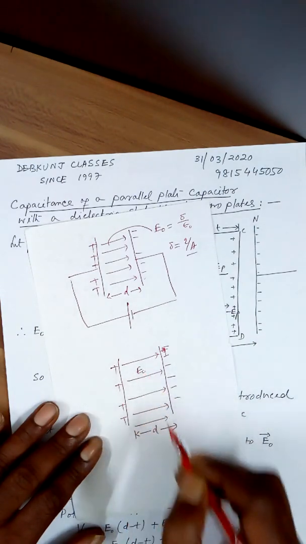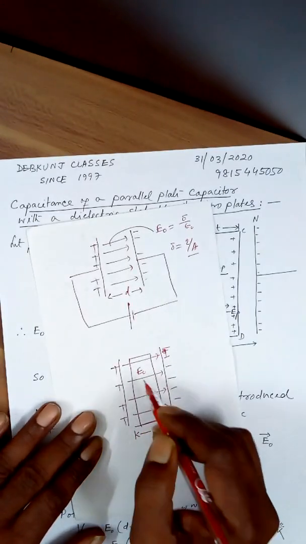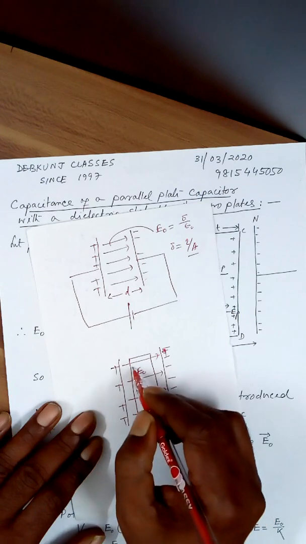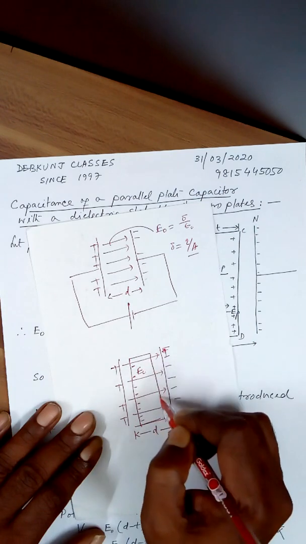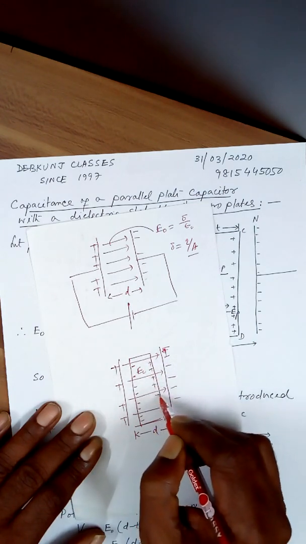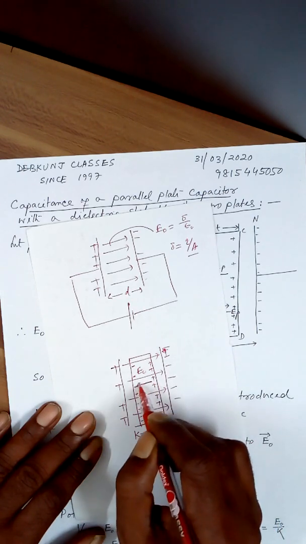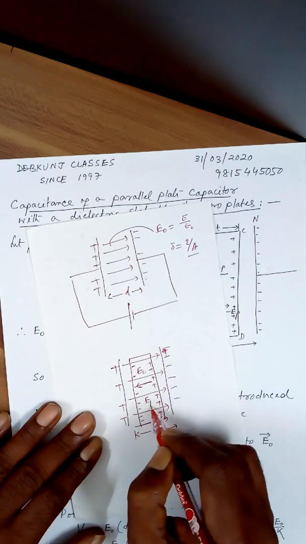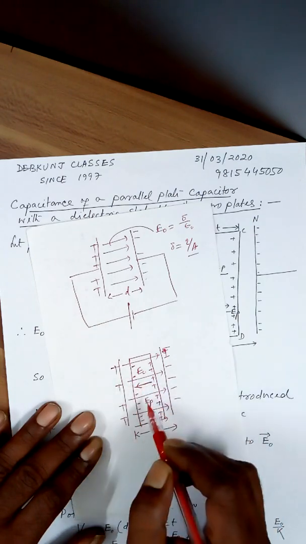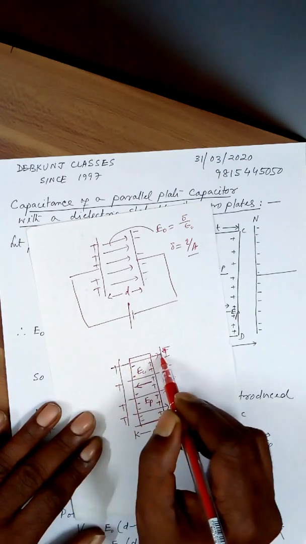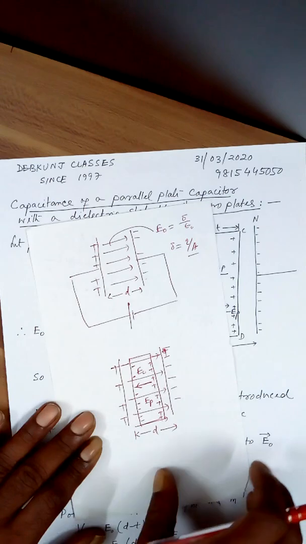And when a dielectric was placed, due to polarization, this side was negative and this side was positive, meaning there was another electric field within the dielectric to this side due to polarization, written as EP. So E naught is existing in this region and this region, that is outside the dielectric, and within the dielectric EP is existing.